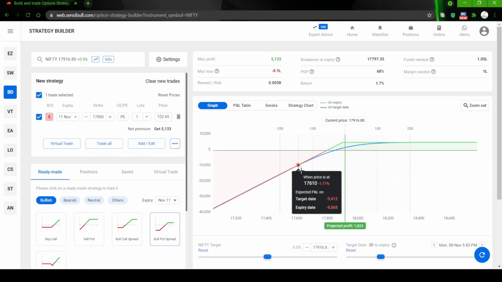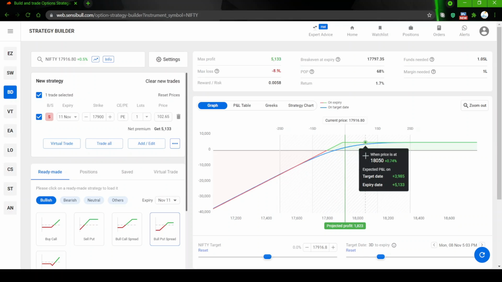So to mitigate the risk on the lower side, we are going to sacrifice some of our profits here. Our profit here is what? 5133. In a naked put sell, the maximum profit available is the premium collected, which is 5133. This is to mitigate the downside risk of the undefined risk. It is not truly unlimited, as Nifty is not going to go to zero by 11th of November, so this is the theoretical value.